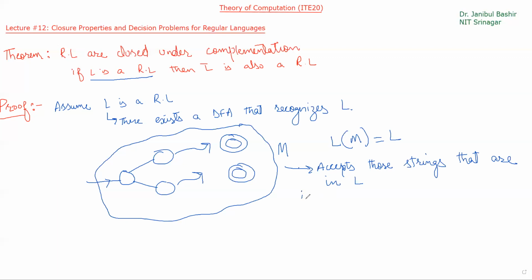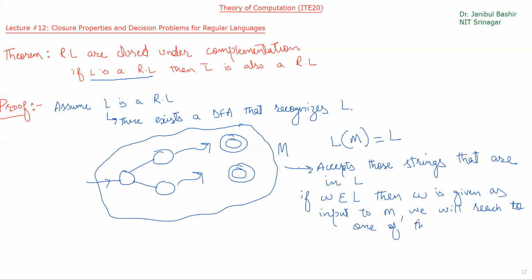It means if W belongs to L, then when W is given as input to M, we will reach one of the final states. Okay.